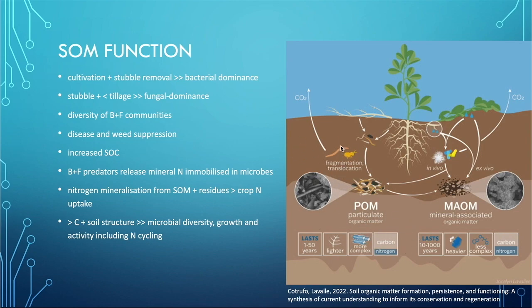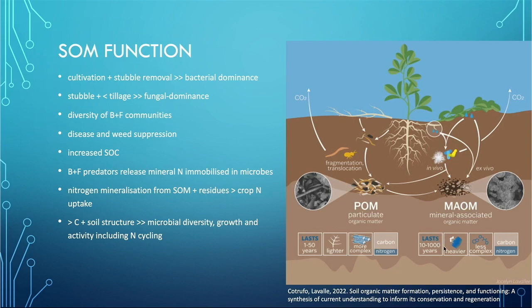It falls down to the ground, it gets shredded by fragmenting insects that have the mouth parts to shred it up. But it's really the microbes that will then take it and churn it. They'll take off every other element, and then it will be left as something where no more decomposition can happen, and that will then chelate or attach to mineral particles, which we call mineral associated organic matter.